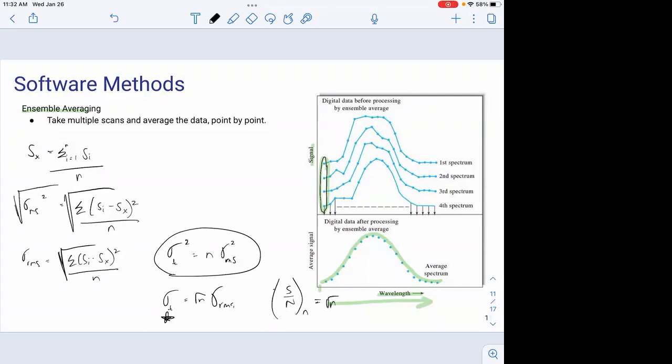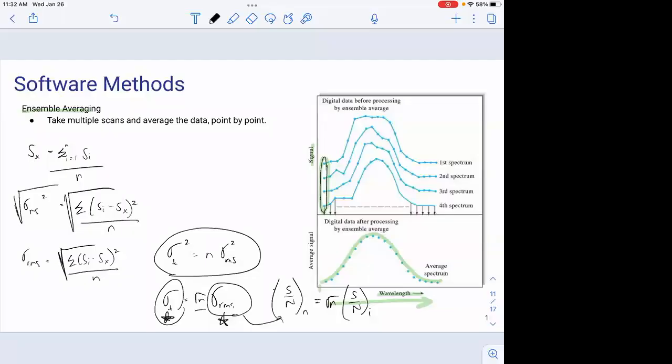That'll be this guy here, represented a different way, multiplied by the square root of n. And I can measure signal to noise of an individual spectrum, which is what gives me that root mean squared noise. So I'm just redefining these noise definitions as signal to noise ratios.